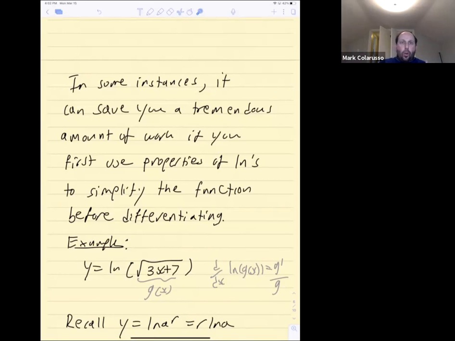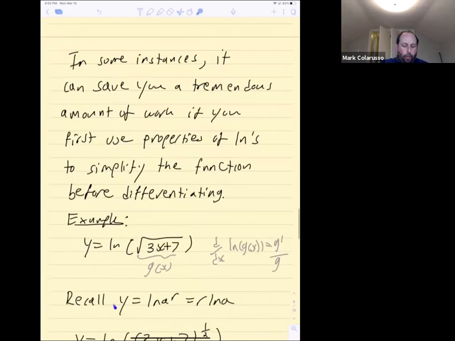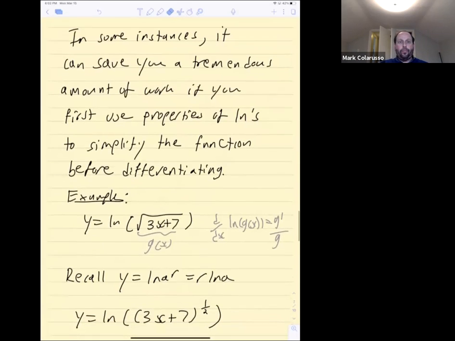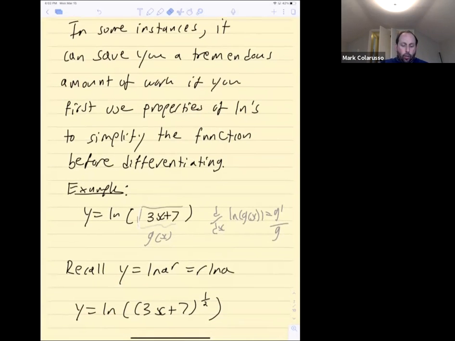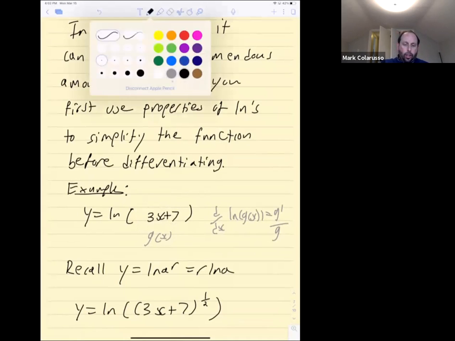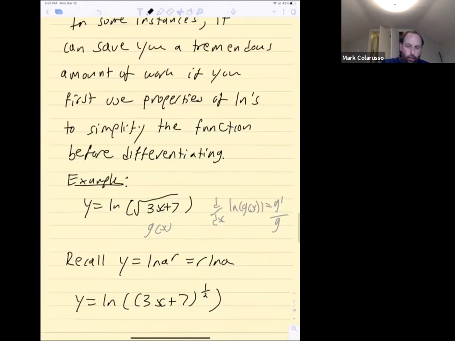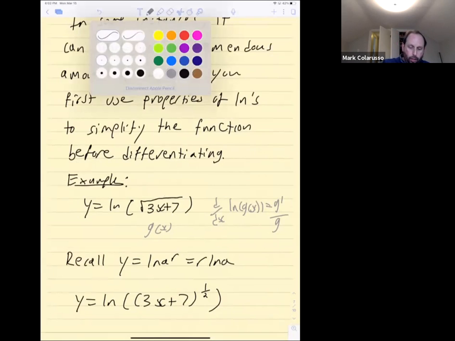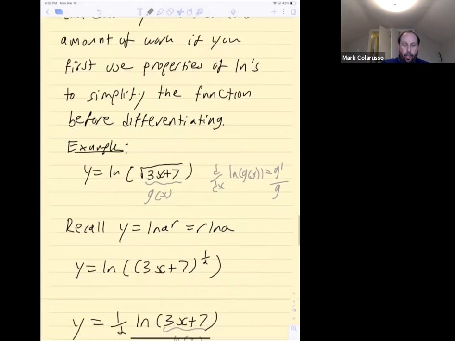So that requires another chain rule, and the answer you get, if you didn't mess up, will be quite challenging to simplify. We can save ourselves a lot of work by recalling the exponent property for the logarithm, that the logarithm of a to the r is r ln a, that the exponent comes down. We can write the square root as a half power.